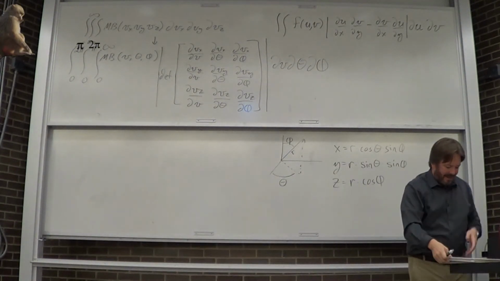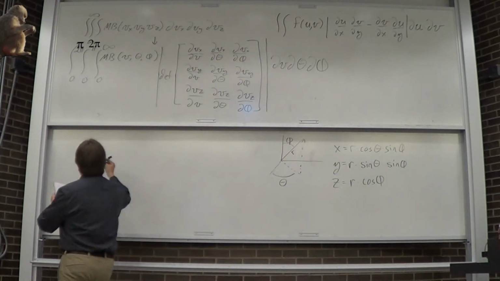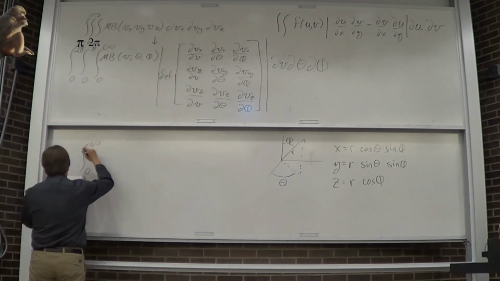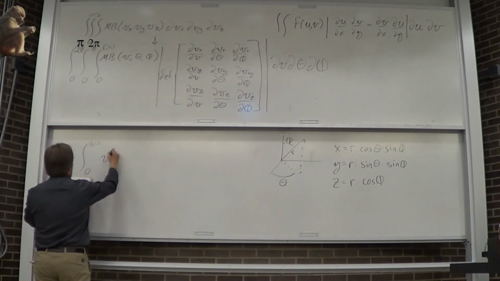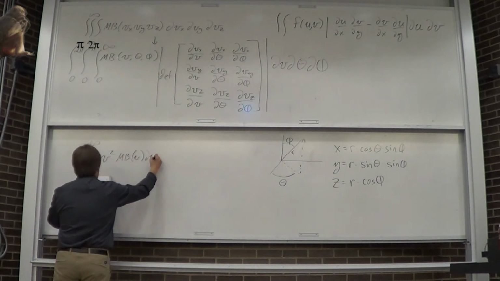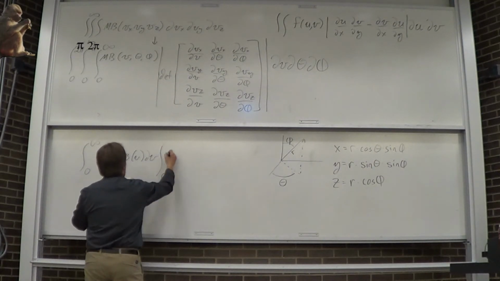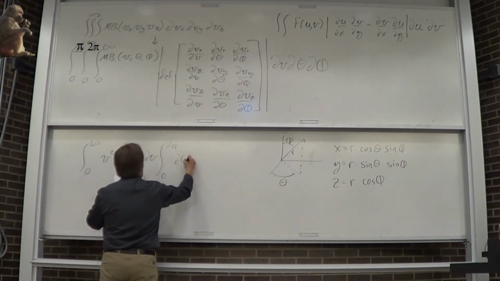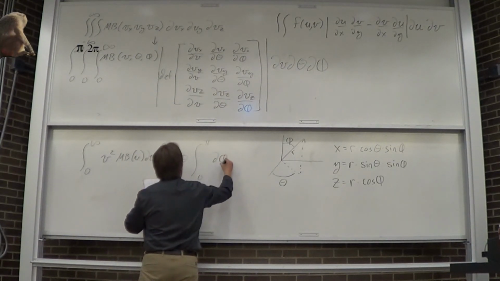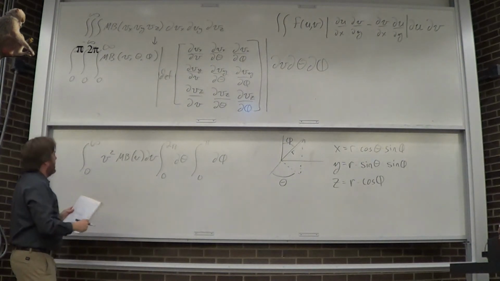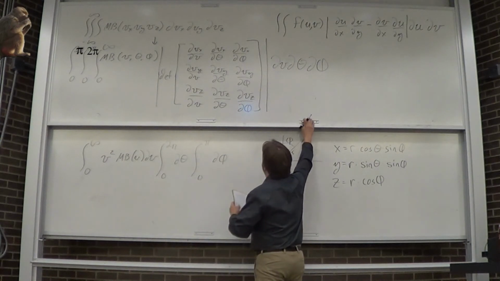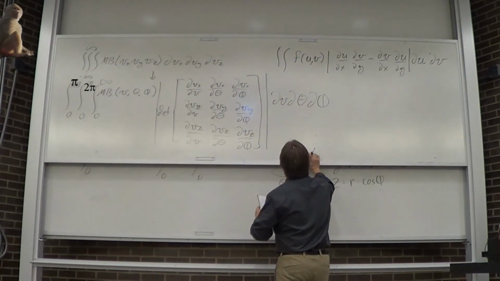Right? You've already seen this. What you end up with is the Jacobian ends up being 4 pi v squared. So what you end up with is v squared, Maxwell-Boltzmann. Then you've got the integral from 0 to 2 pi of phi, and from 0 to pi of theta, because the Jacobian is, how do I want to do this?